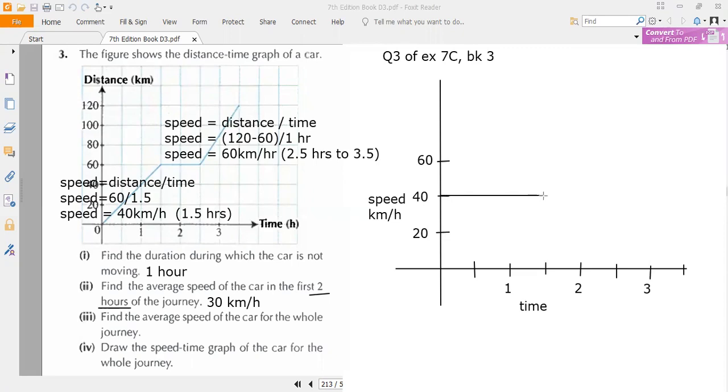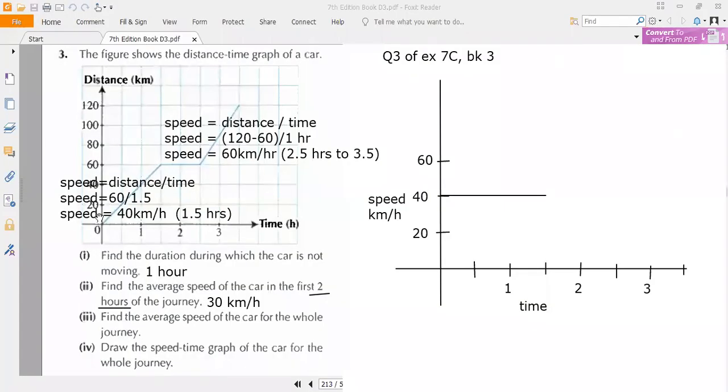I'm extending it as a horizontal line here, and from 0 to 1.5 hours, I have connected it with 40 kilometer per hour. Why am I making a horizontal line? Because this line shows a constant speed. So in the speed time graph, this is a constant speed of 40 kilometer per hour.